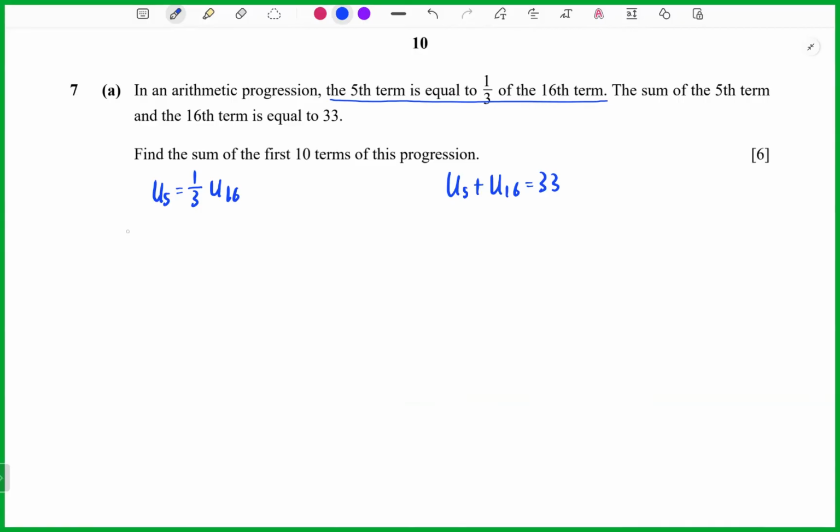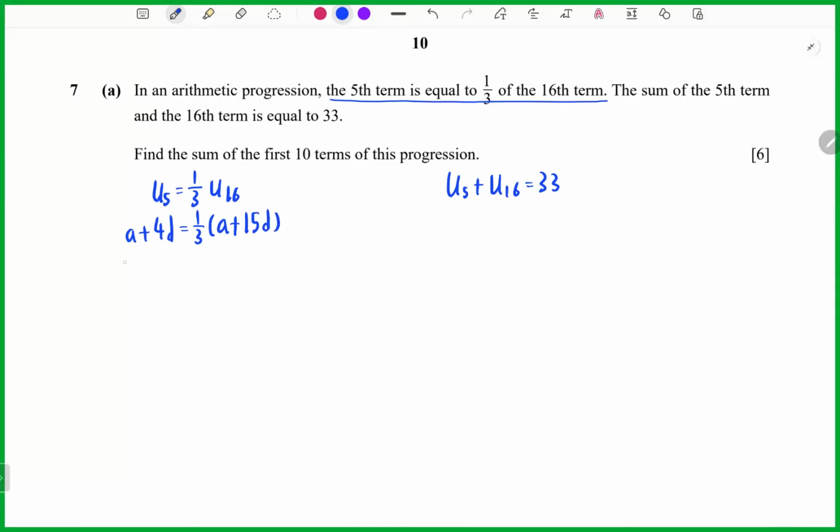Yeah, like this. Now I try to split out a. Okay, find the sum of the first 10 terms for this progression. So first, you need to find the first term and common difference. So now I express a plus 4d equals 1 over 3 times (a plus 15d).